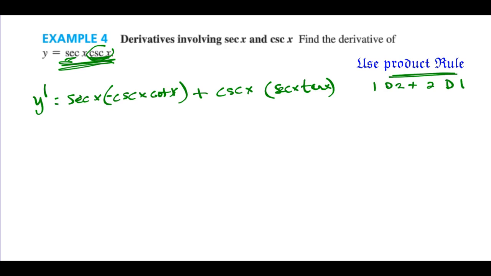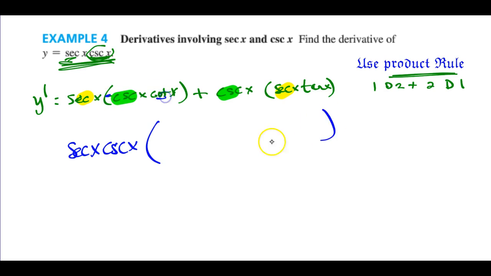The question is, can I simplify anything? Well, looks like I can pull out a secant because that's common, and frankly, a cosecant's common too. So let's see if we can pull out secant x cosecant x. I was thinking about maybe pulling out a negative, but not necessary.